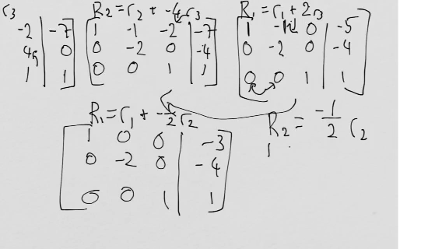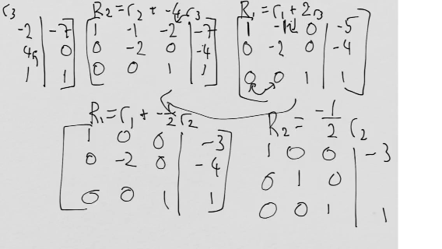We are not changing any other rows, so that stays -3, 1, 1, 0, 0. And so the middle row is 0, 1, 0. Then this last one is 2.